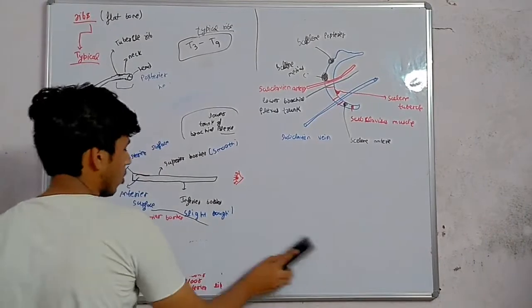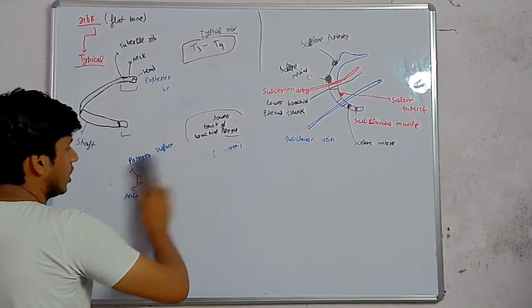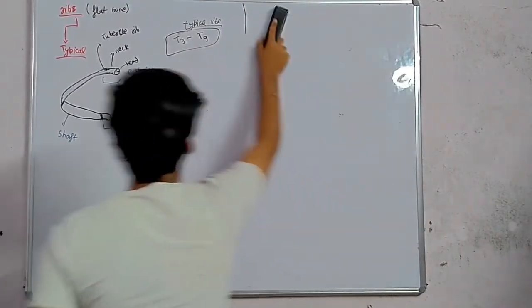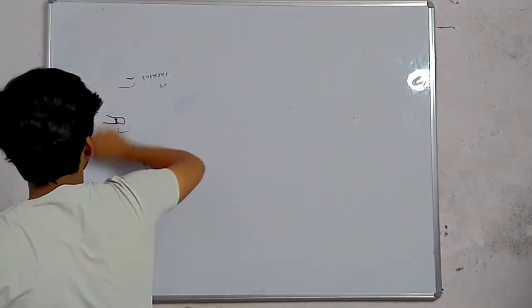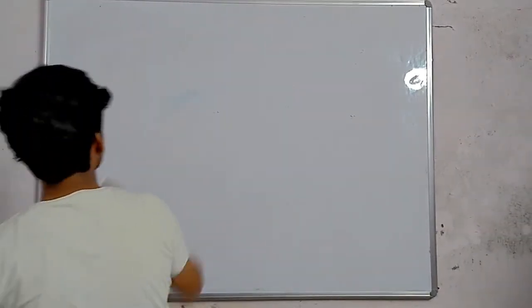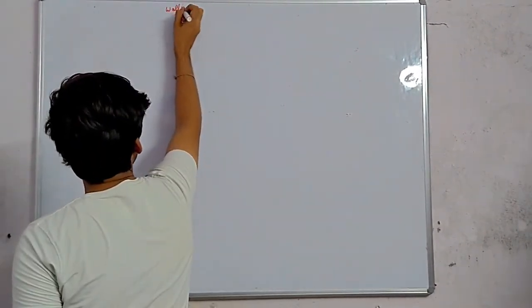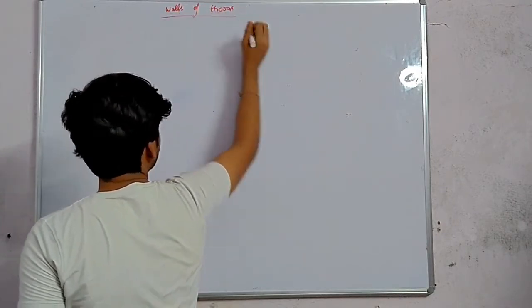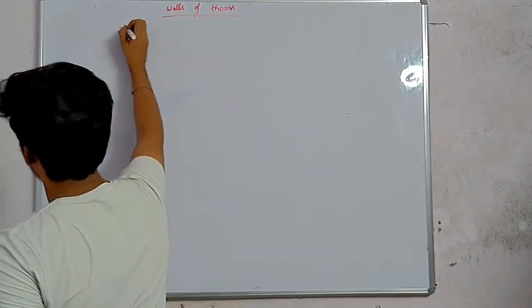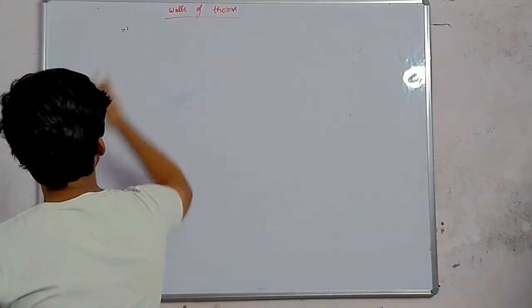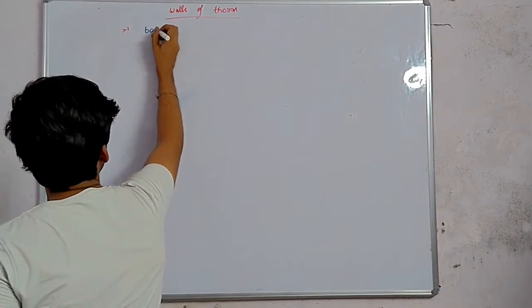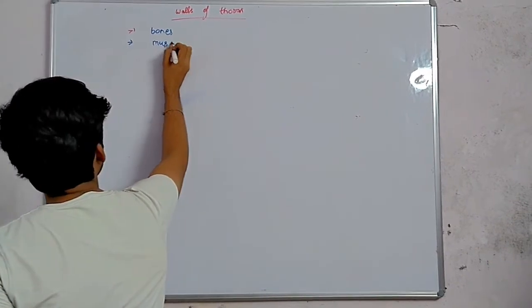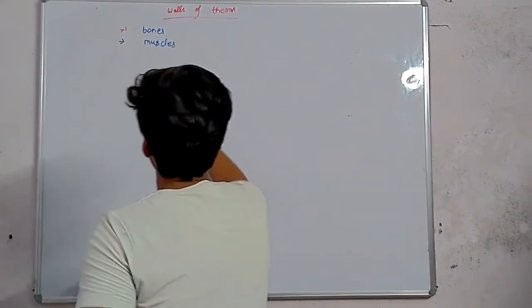Now come to the walls of thorax. So we are starting walls of thorax. So thorax walls are formed by bones. We have already talked muscles and some membranes.